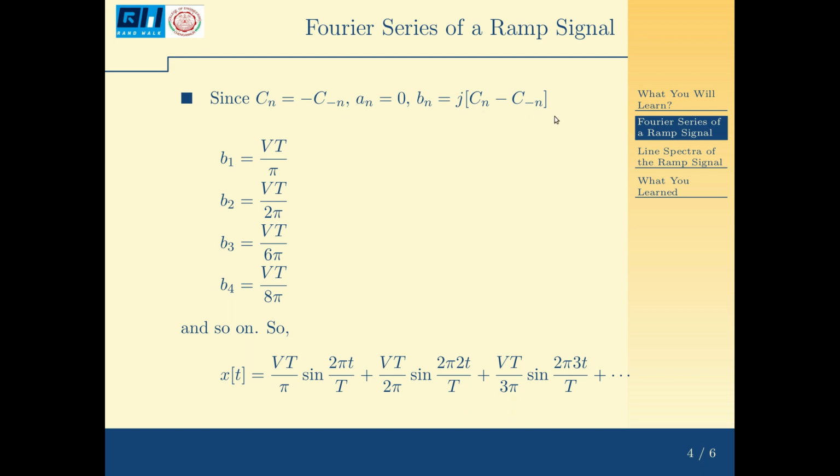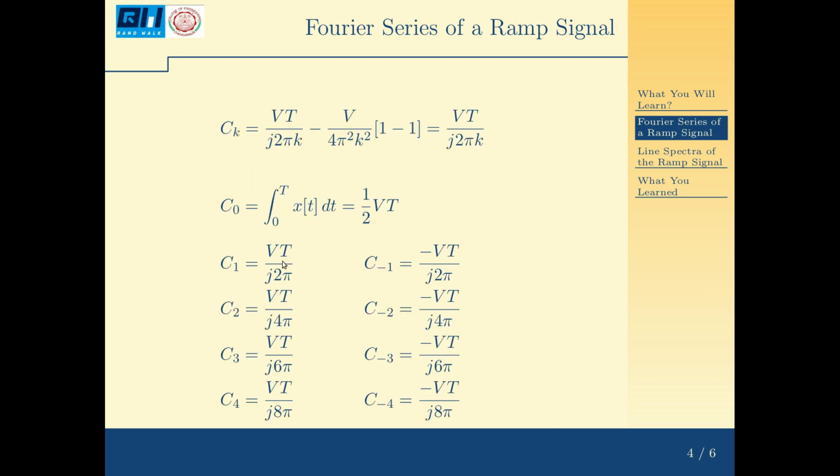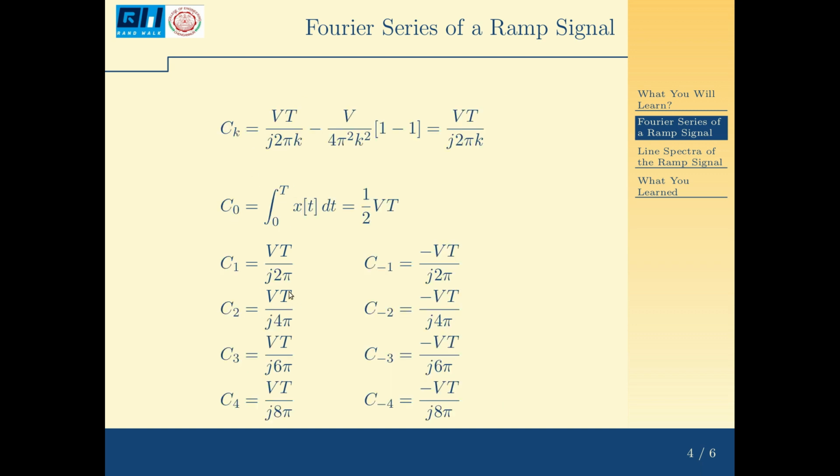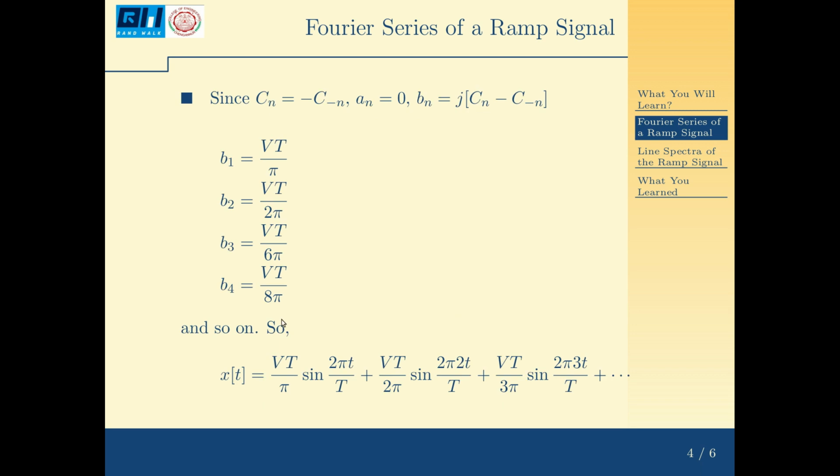Since Cn and C minus n are negatives of each other, it becomes j times 2Cn. So B1 will be twice C1 multiplied by j, so it becomes VT by π. B2 becomes double of C2 multiplied by j, that is VT by 2π, then VT by 3π.